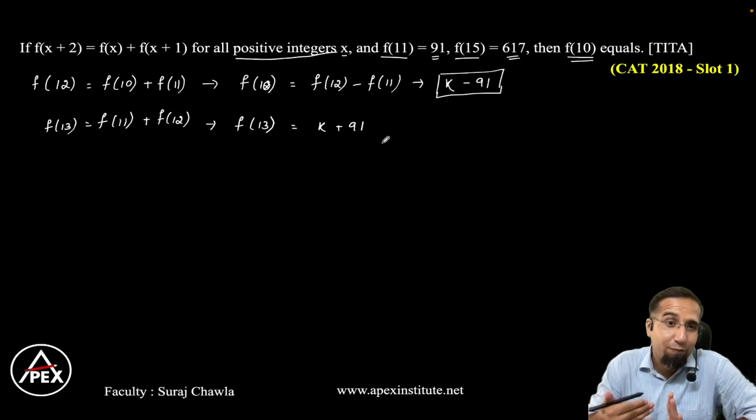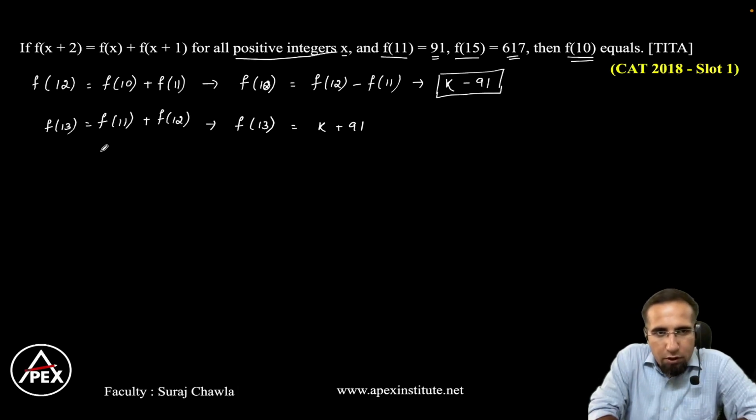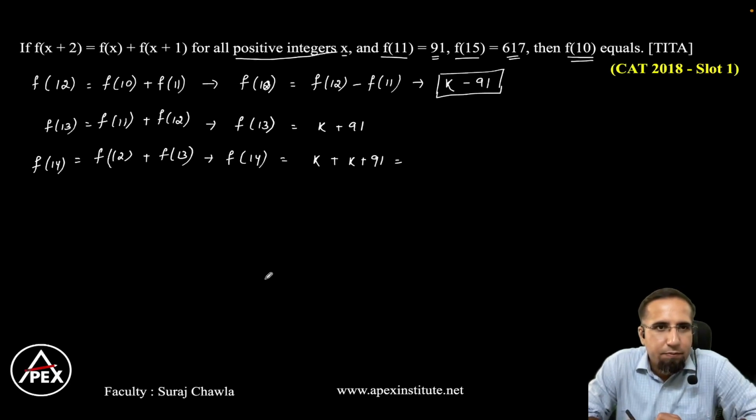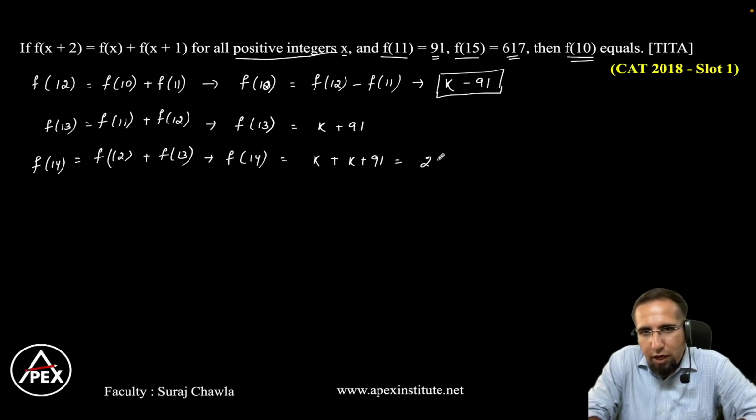We have to use f(15), so let's continue forward. f(12) plus f(13) is equal to f(14). Now what is f(14)? f(14) is equal to f(12), which is equal to k, and f(13), which is equal to k plus 91. Clear? So my f(14) would become 2k plus 91.